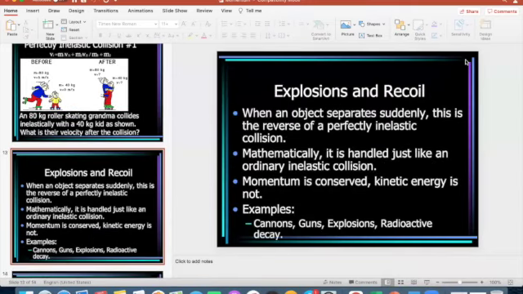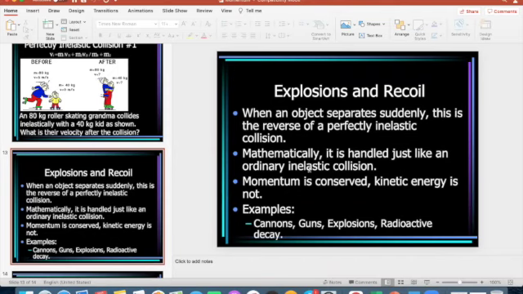All right, so next up is explosions and recoil, which we definitely won't be dealing with, but this is just for your information. So when you have an object and it separates suddenly, this is the reverse of a perfectly inelastic collision.